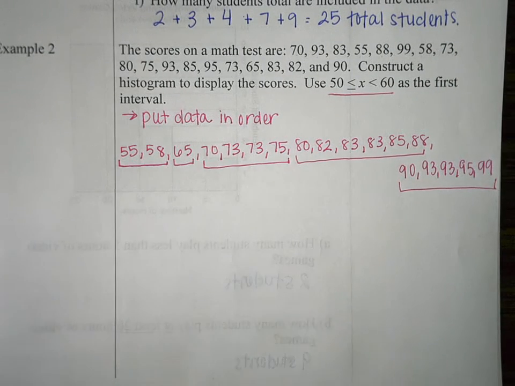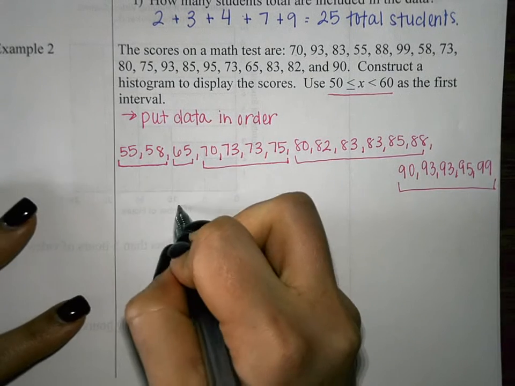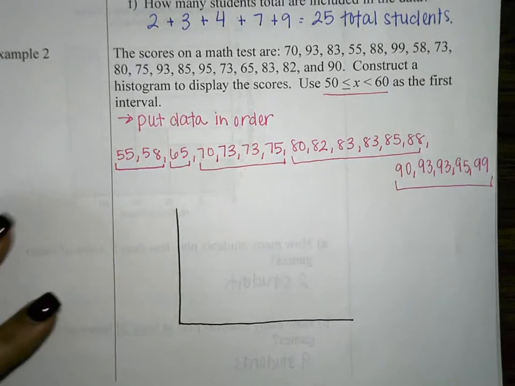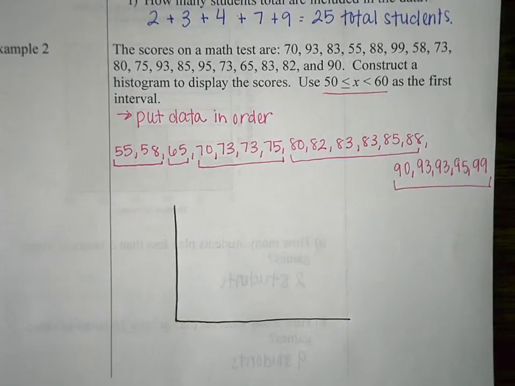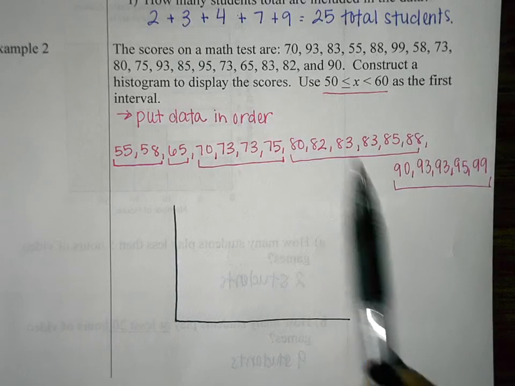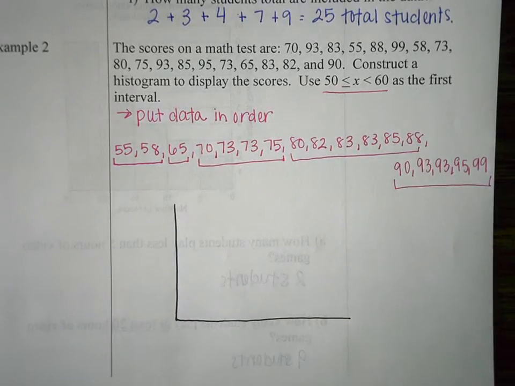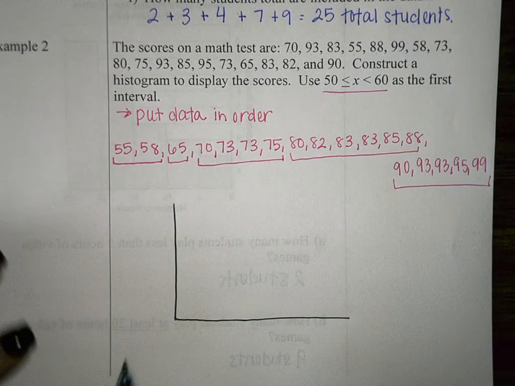So to construct our histogram, we're going to first draw an x and y axis. The largest amount of students that we ever have looks like the 80s group, and there's 1, 2, 3, 4, 5, 6 of them. So I'm going to have my y-axis go up to 7.